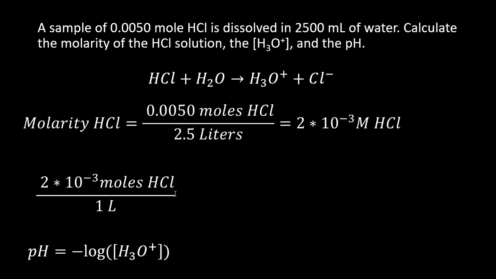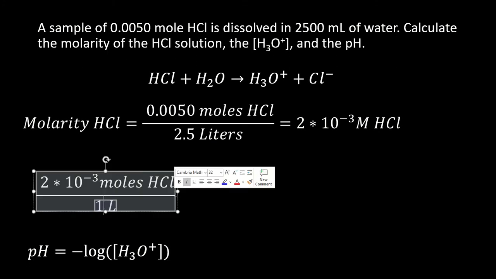So, if hydronium ion concentration, or H3O plus surrounded by brackets, is really just moles of hydronium ion per liter, well, that's actually very simple to calculate. We already have 2 times 10 to the negative third moles of HCl per liter. Let's change that moles of HCl to moles of H3O plus.